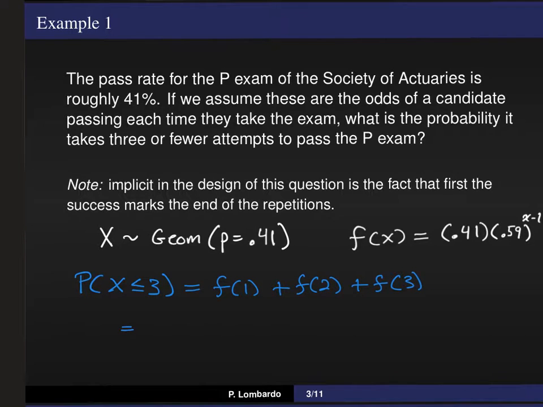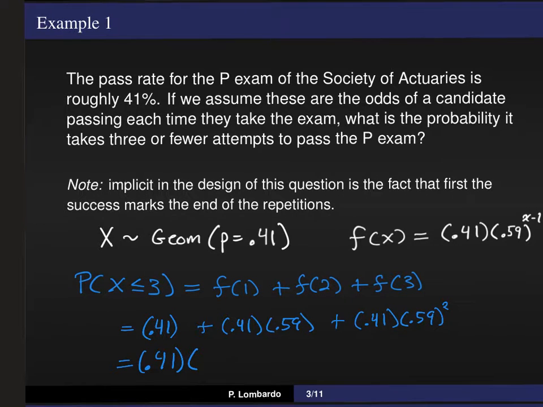So this would be 0.41. And x minus 1 is 0, so we won't have a 0.59 for the first one. We'll have a 0.41 times a 0.59, and then plus a 0.41 times a 0.59 squared. All right, so one nice thing about the geometric random variables, when you have sums like this, you can factor out a 0.41.